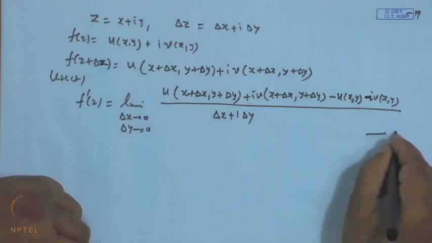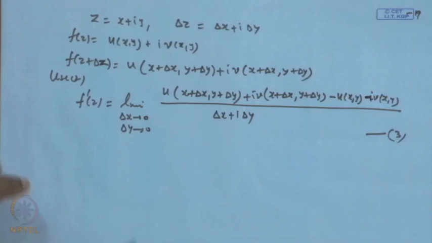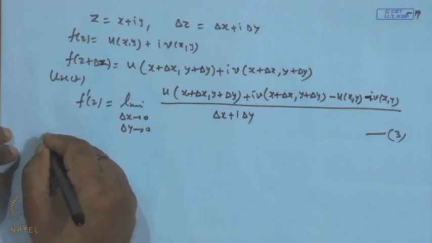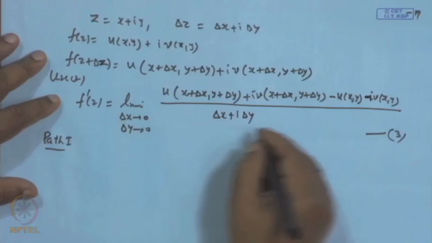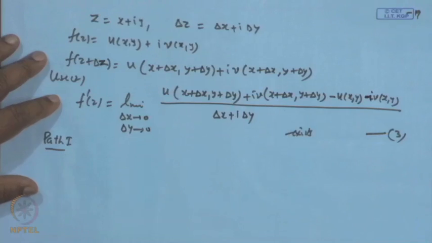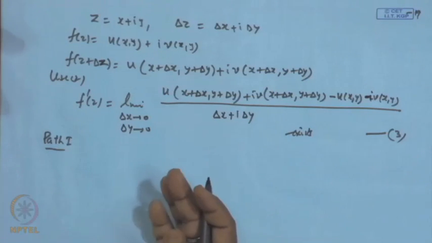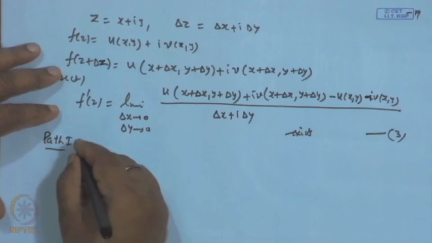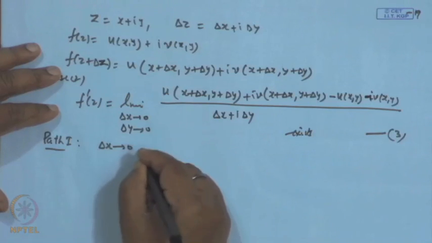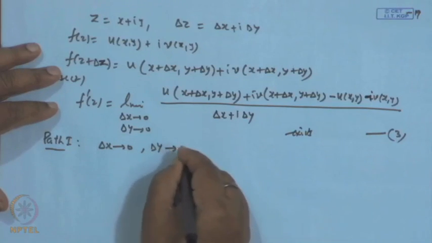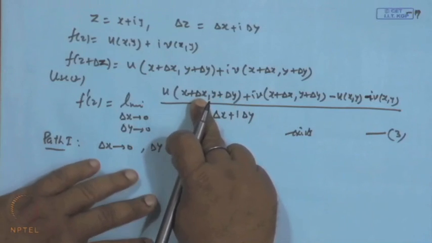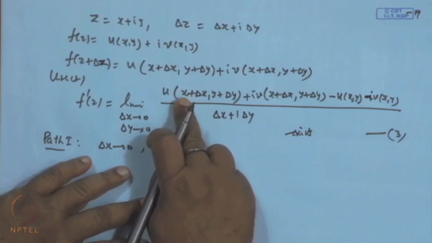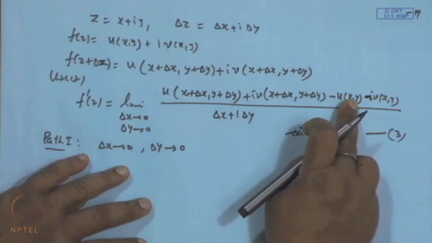Let it be third. Now, case 1, or path 1. Because this limit exists, whatever path you choose, the limit comes out to be the same. So I choose the first path as Δx tends to 0 first and Δy tends to 0 later on. As soon as you put Δx to be 0, we get u(x, y + Δy) − u(x,y) over iΔy.